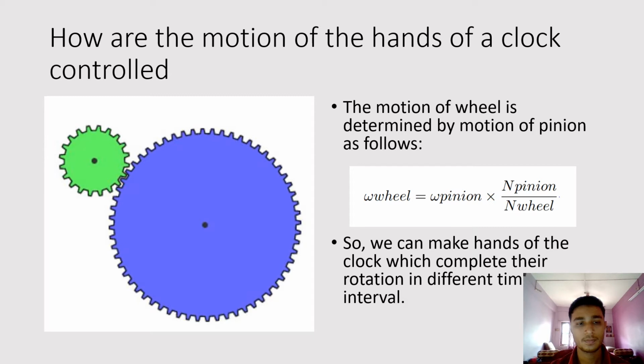And so the blue one also advances by 20 teeth and it completes 1 by 3 revolution. So the angular velocity of the blue one is 1 by 3 the angular velocity of the green one. So we can determine the angular velocity of the wheel through the angular velocity of the pinion using this formula. So that's how we can make hands of a clock which complete their rotation in different time intervals.